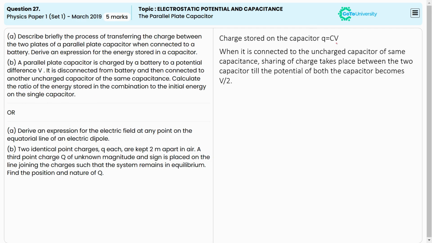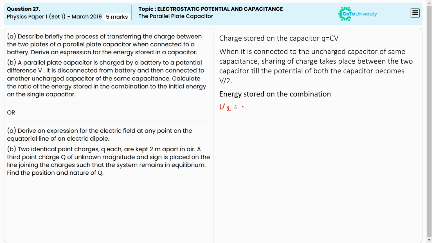Charge stored on the capacitor, that is Q is equal to CV. When it is connected to the uncharged capacitor of same capacitance, sharing of charge takes place between the two capacitors till the potential of both the capacitors becomes V by 2.